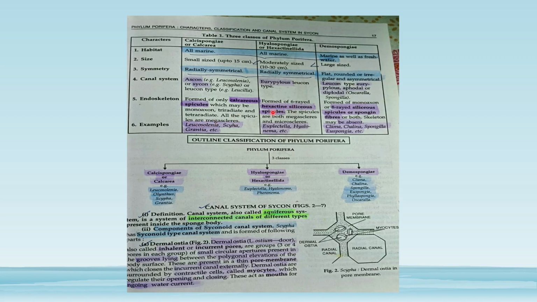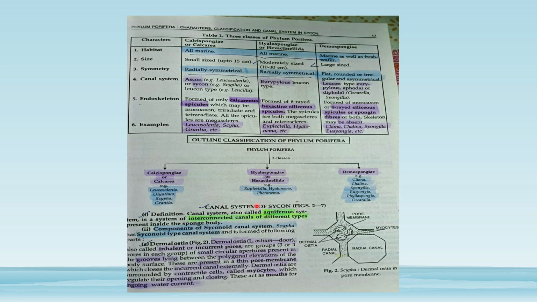Now the next is six-rayed, hexactine: here it is siliceous spicule. Spicules are both megascleres and microscleres. Okay. Here eight layers of siliceous spicule or spongin fiber are present. So here maybe 1, 3, 4, here maybe 6, and here maybe 8. Examples are Leucosolenia, Scypha, and Grantia. Hyalospongiae examples are Euplectella, Hyalonema, and the last ones are Spongilla, Chalina, Spongia, and Euspongia.